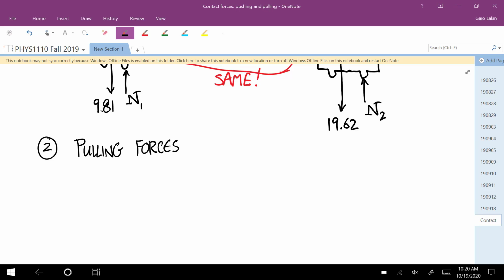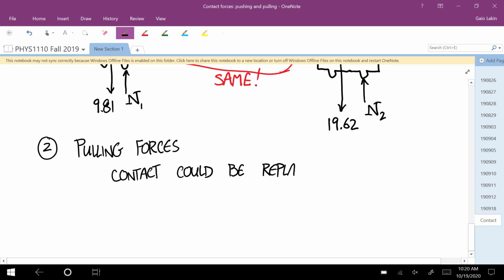So think of this as a case where the contact could be replaced by a cable. And a cable, I just mean a string or a rope.